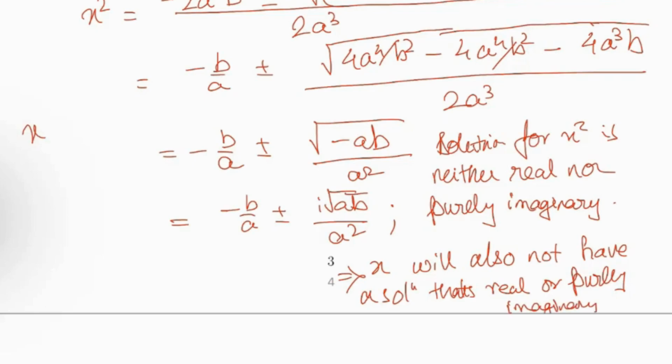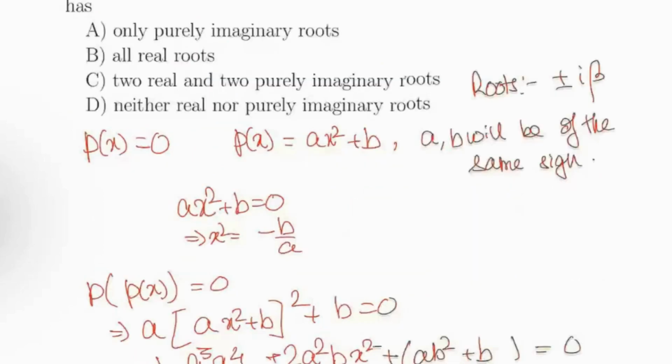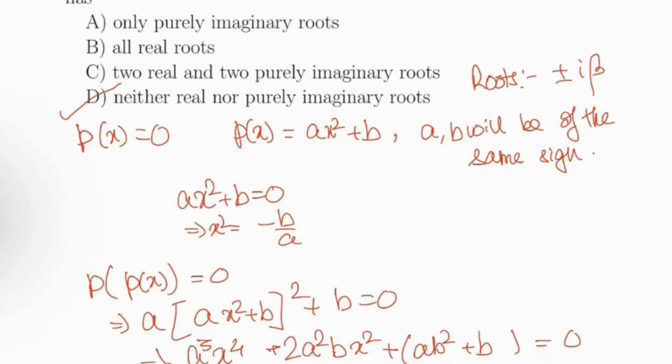Because if x square is some certain quantity c, then x equals plus minus square root of c. If you square root this, you'll also get a complex part with a real part as well. So there's only one option that sticks out. Anyone else has any question?